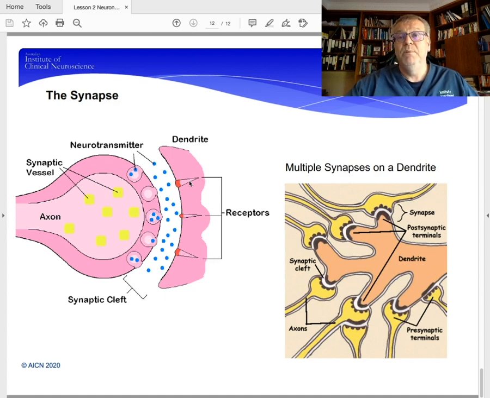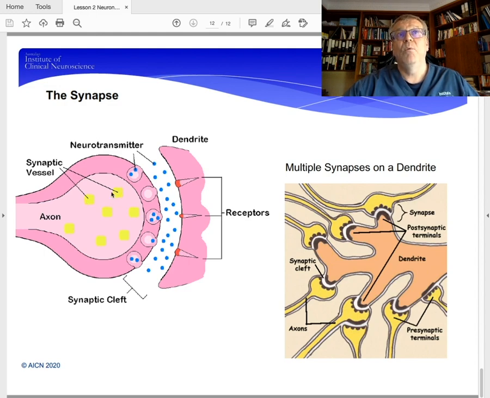So you see how we've built from the structure of the membrane all the way up to how this specialized structure can receive neurotransmission from a presynaptic neuron here. Now inside the axon we have these vesicles full of neurotransmitter and other things, but in this case it's neurotransmitter.